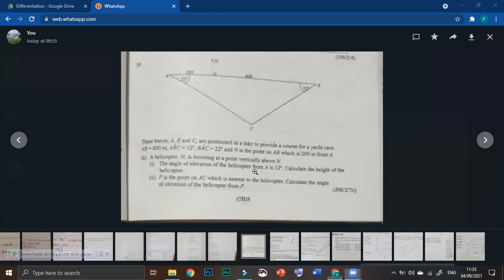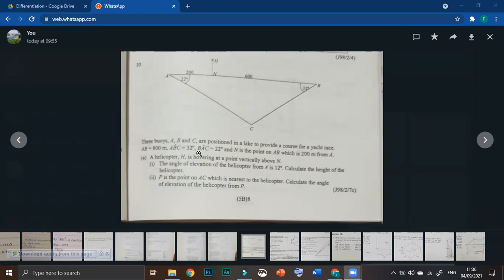Now, this one is a question from the past papers. 3 buoys A, B, and C are positioned in a lake to provide a course for a yacht race. AB is equal to 800.